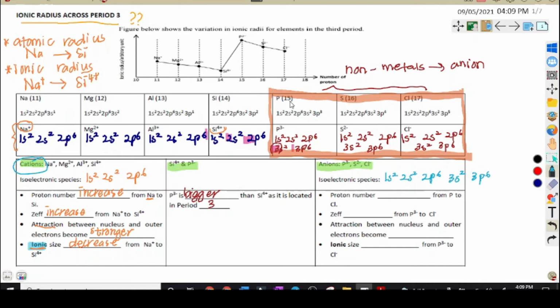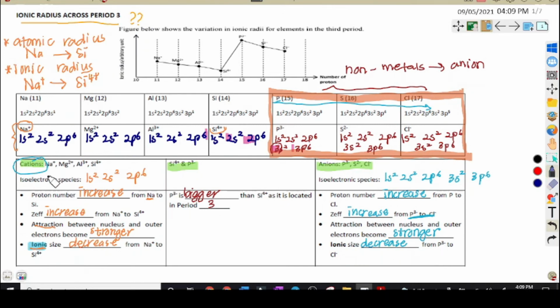Because when we are going from phosphorus to chlorine, the proton number increases. Hence, the Zeff will increase as well. So the attraction between the nucleus and the outer electrons becomes stronger. So the ionic size will decrease from P3- to Cl-.